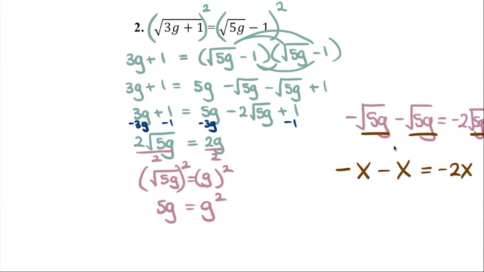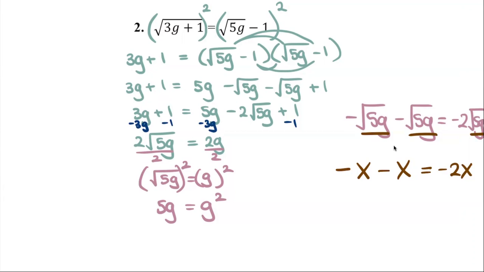Now, the temptation sometimes is to divide by g. You don't want to do that because you actually throw away an answer if you divide by the variable. My rule of thumb is I never divide by a variable. I only divide with numbers, okay?